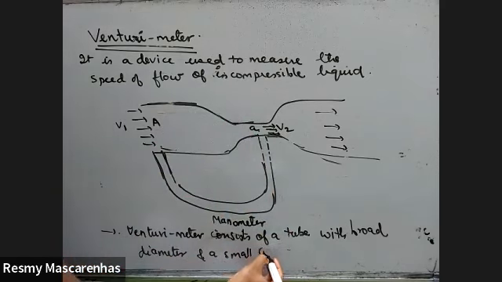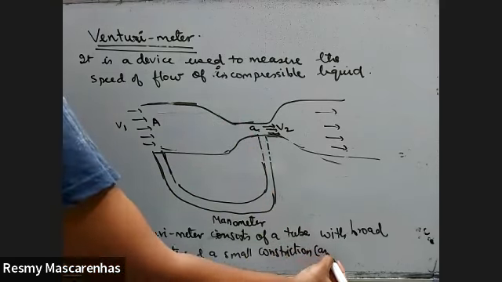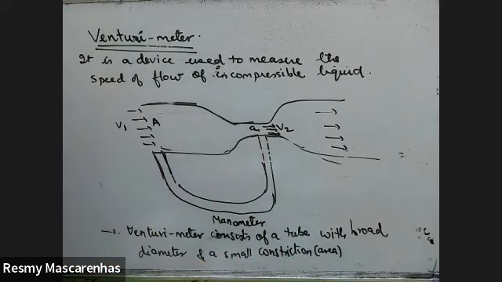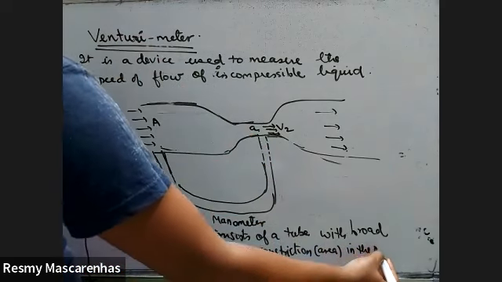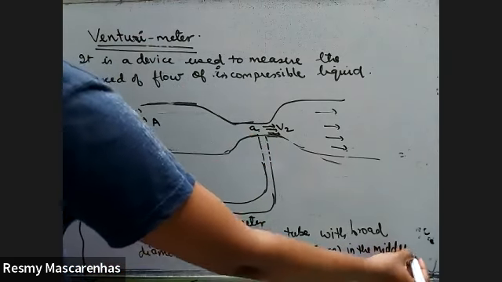It is the word in the textbook. If you don't want to remember that constriction, you can say a small area in the middle, as shown in the figure.